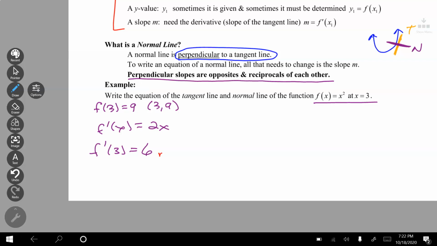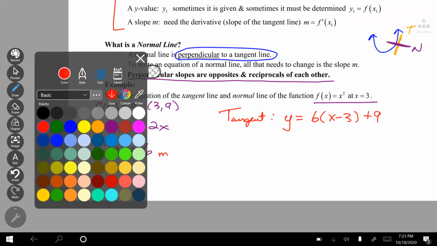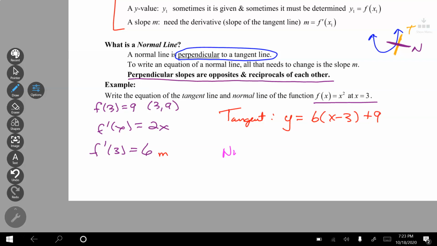So this is my slope of the tangent line. My tangent line equation is y equals 6(x minus 3) plus 9. And my normal line is y equals negative 1/6 (x minus 3) plus 9, because that's what the perpendicular slope is.